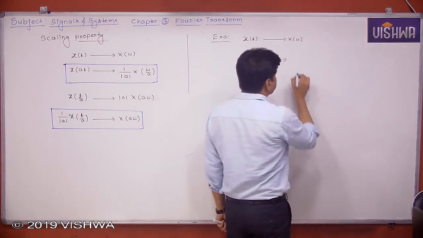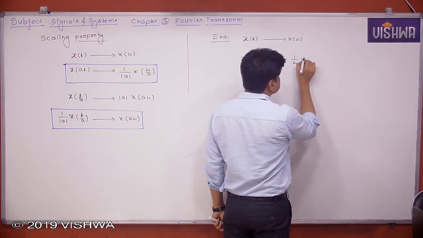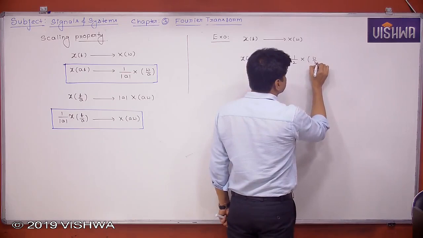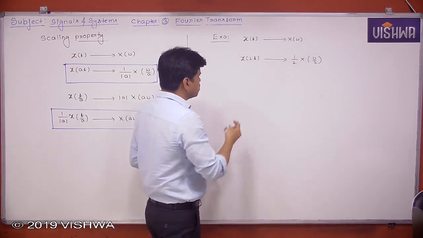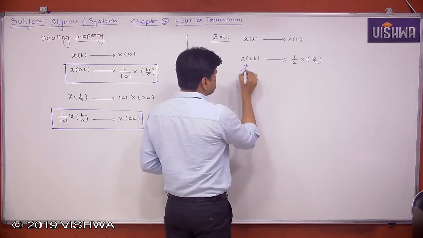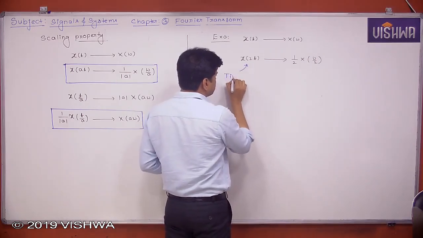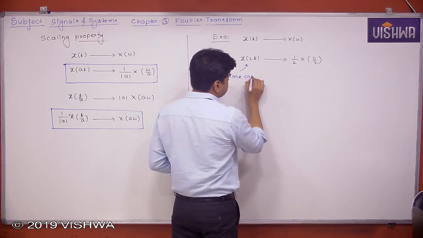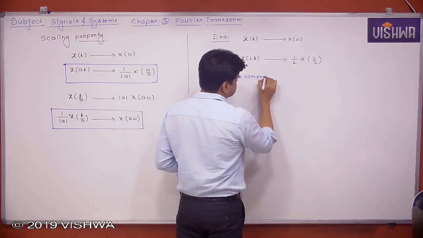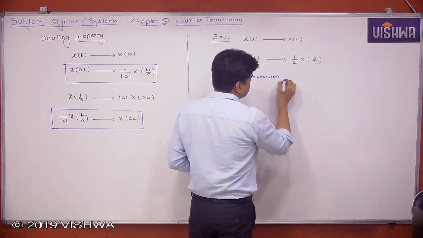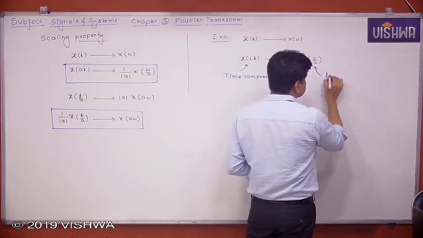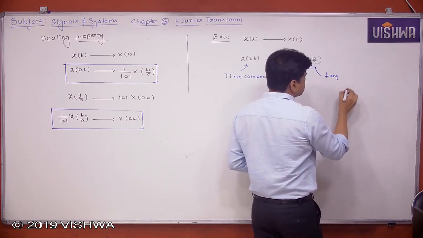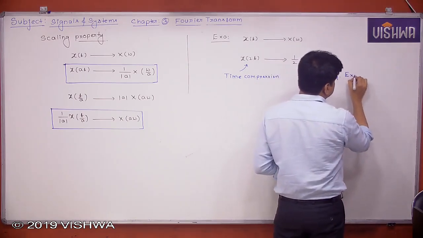Then we are going to get 1 by 2 x of omega by 2. So if you observe carefully here, this is nothing but time compression. And x of omega by 2 is nothing but frequency expansion.